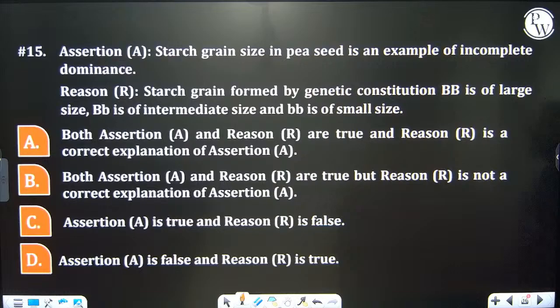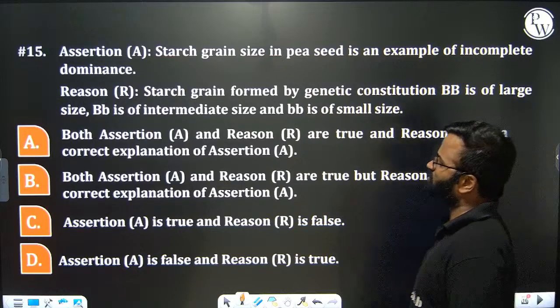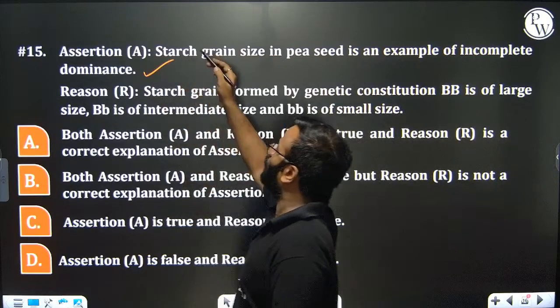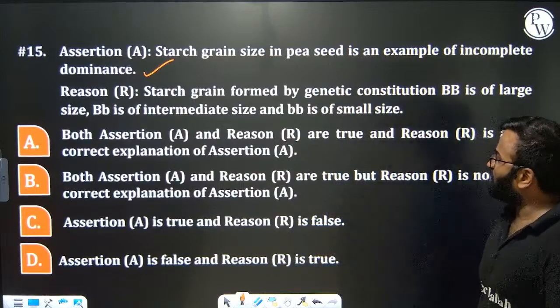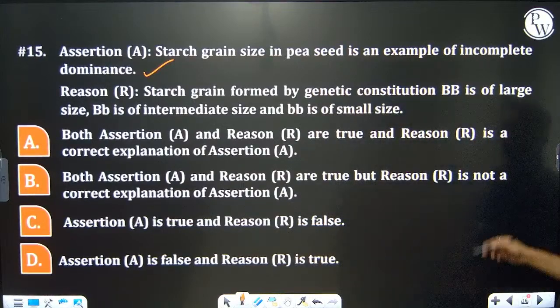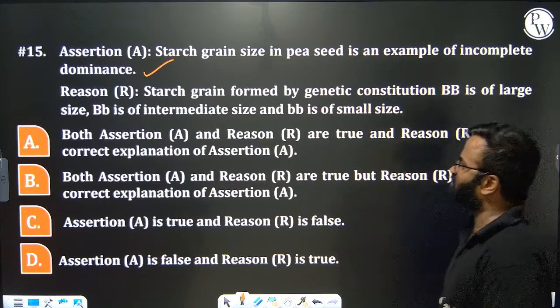Let's go to the next question. Starch grain size in pea seed is an example of incomplete dominance. True. Starch grain formed by genetic constitution of BB is of large size and BB is of intermediate size.